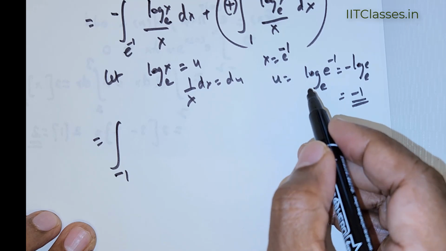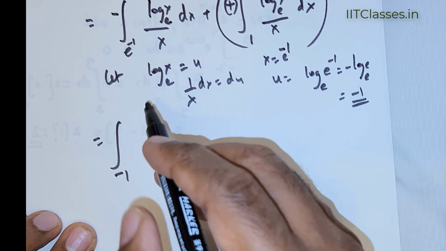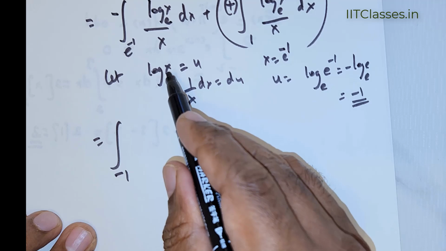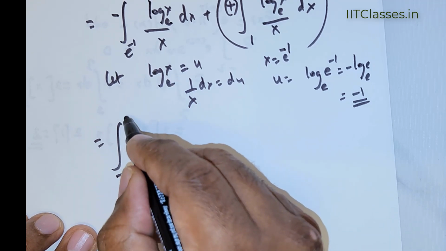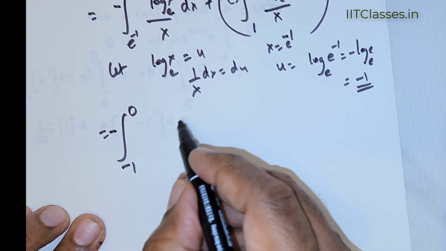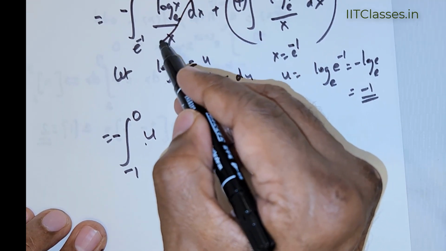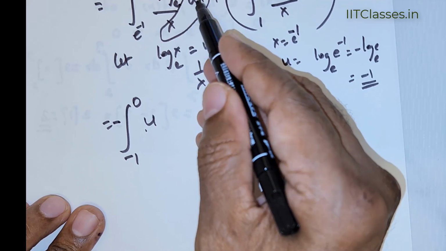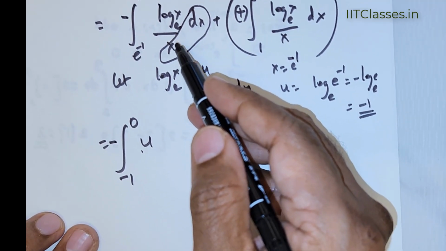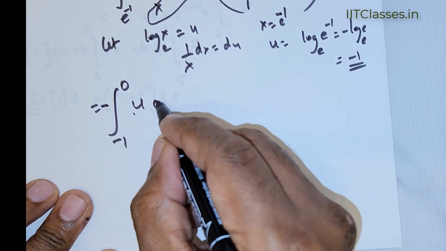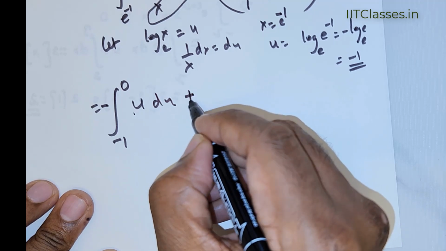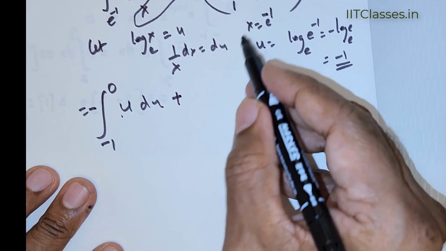Now when x is equal to 1, if I substitute x is equal to 1, this is going to give me 0 with a negative sign. So log x is u, and dx over x is going to produce du, followed by positive.